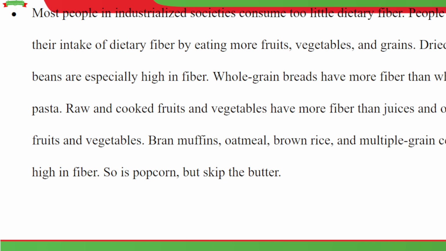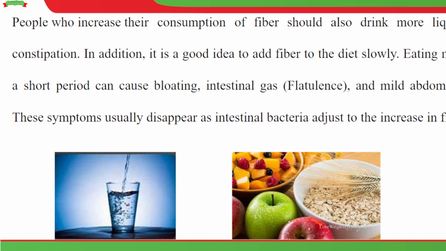So is popcorn, and skip the butter. Popcorn also has fiber, and leave alone the butter. People who increase their consumption of fiber should also drink more liquids to avoid constipation.